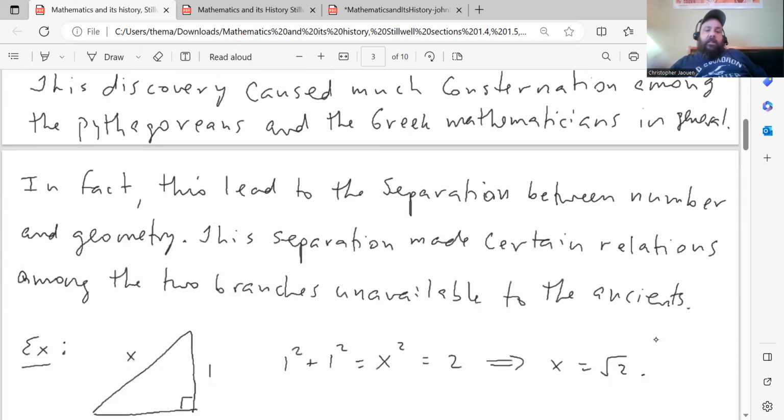So in fact, this leads to the separation between number and geometry, so they separated geometry and arithmetic into two different things. Geometry had this sort of, in their minds, pathological property of having incommensurable lengths, and arithmetic was about numbers, and like I said, by numbers they meant rational numbers.